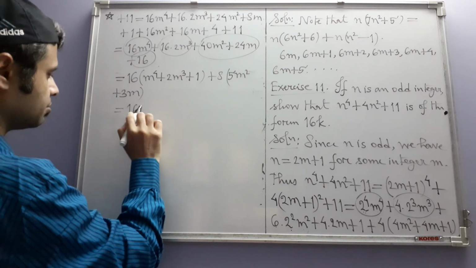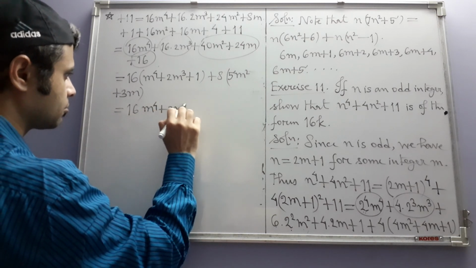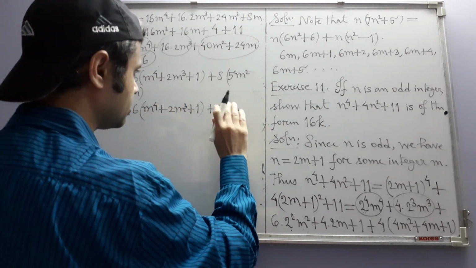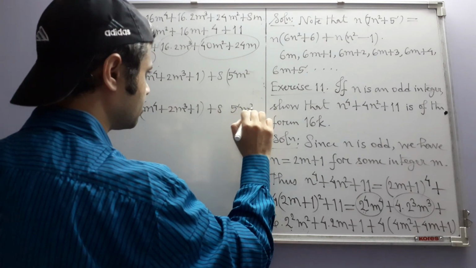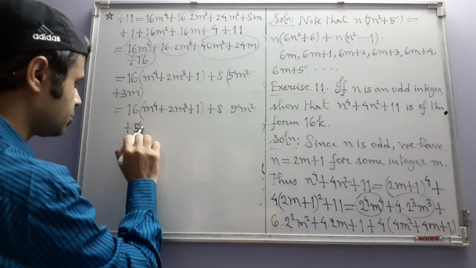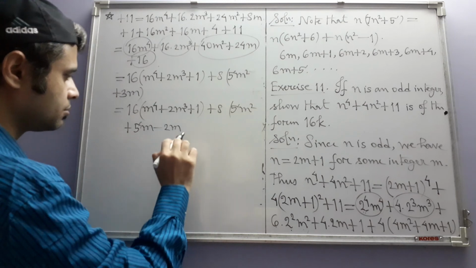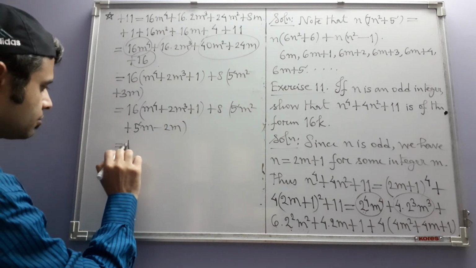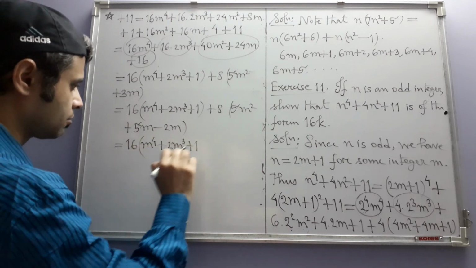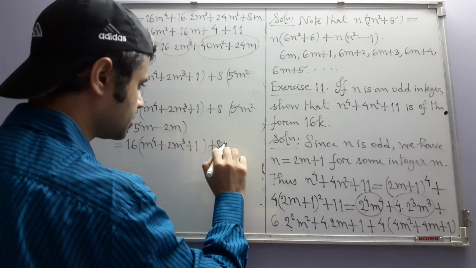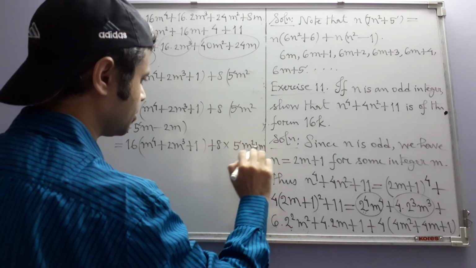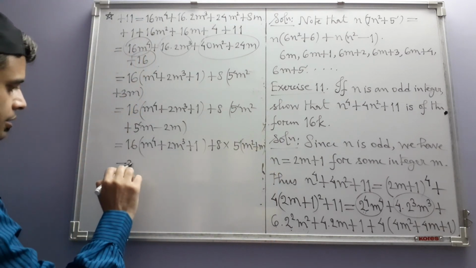Now what I thought is still not coming, or is it coming somewhat more indirectly? Let me write one more step. Plus 8 times 5m square. Instead of writing 3m, we can also write 5m minus 2m. Okay. Now plus 8 times 5 times m square plus m minus 2m.